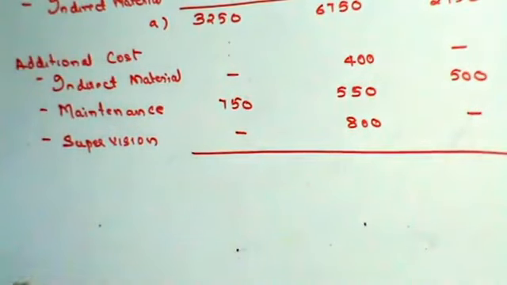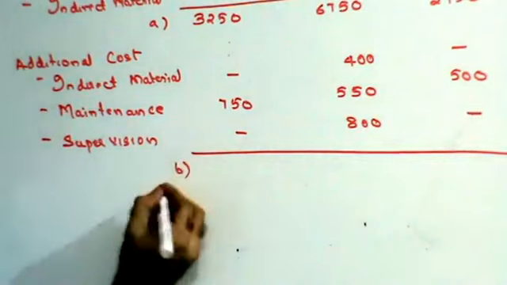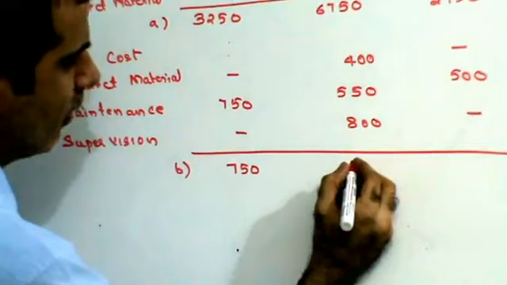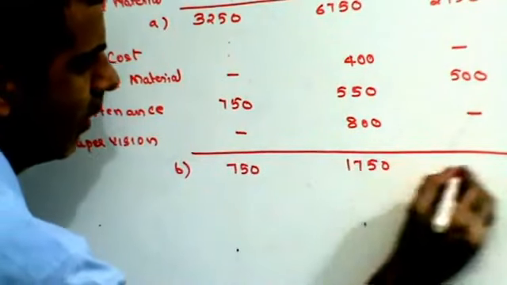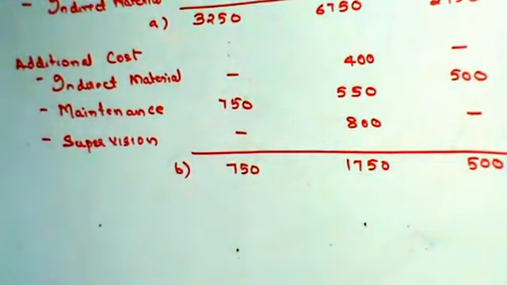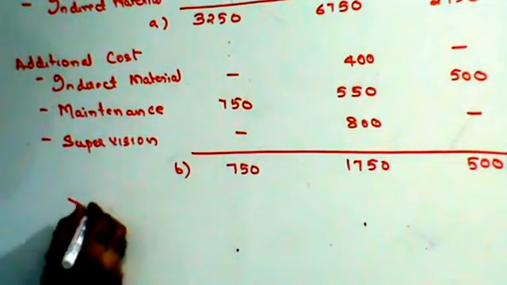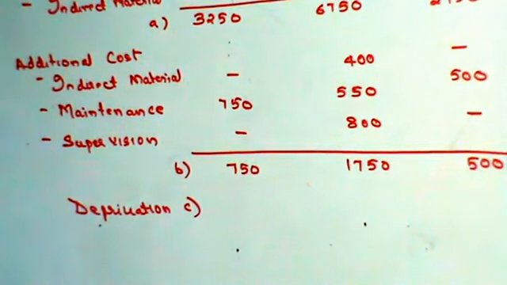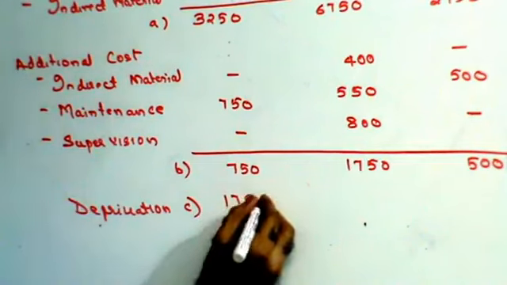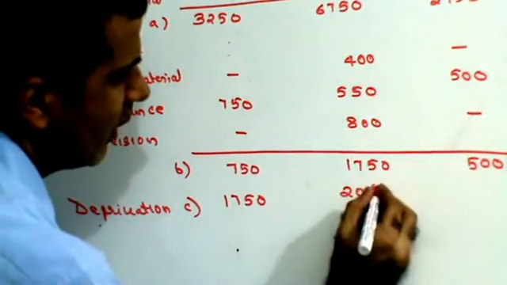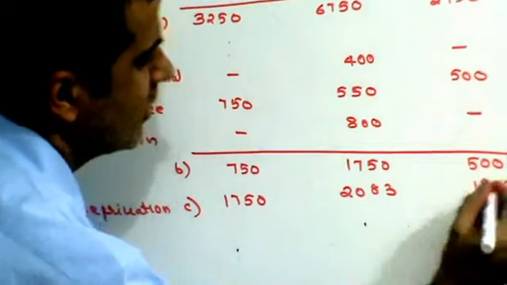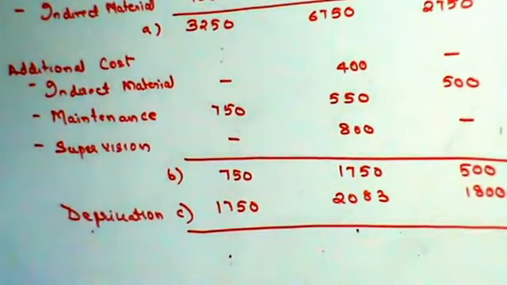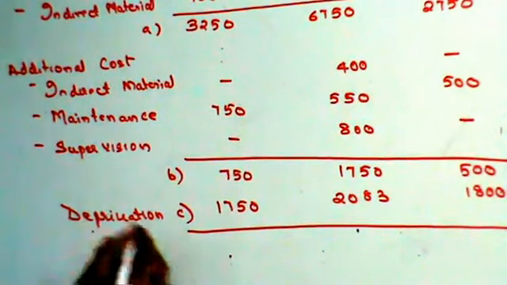Therefore, your total additional cost is 750 for A, for B 550 plus 400 plus 800, that is 1750, and 500 for C. Right? Then depreciation is given to you. We have already calculated depreciation as 1750, 2083 and 1800.